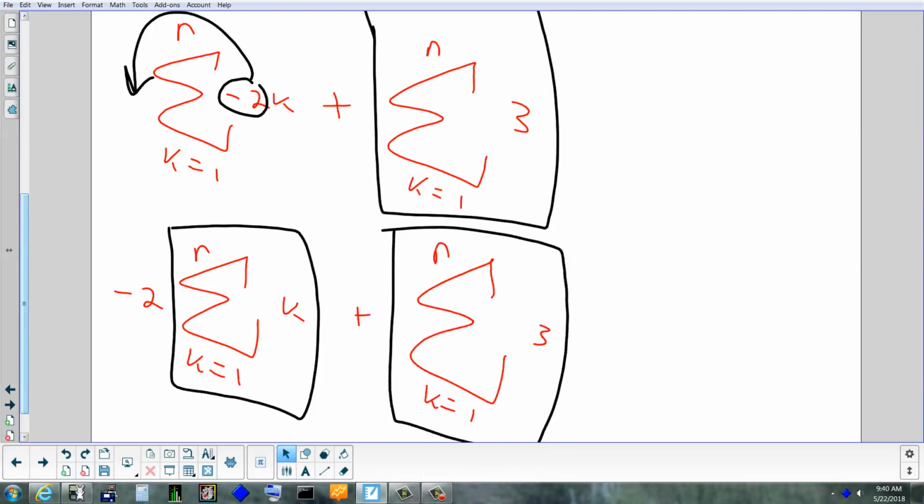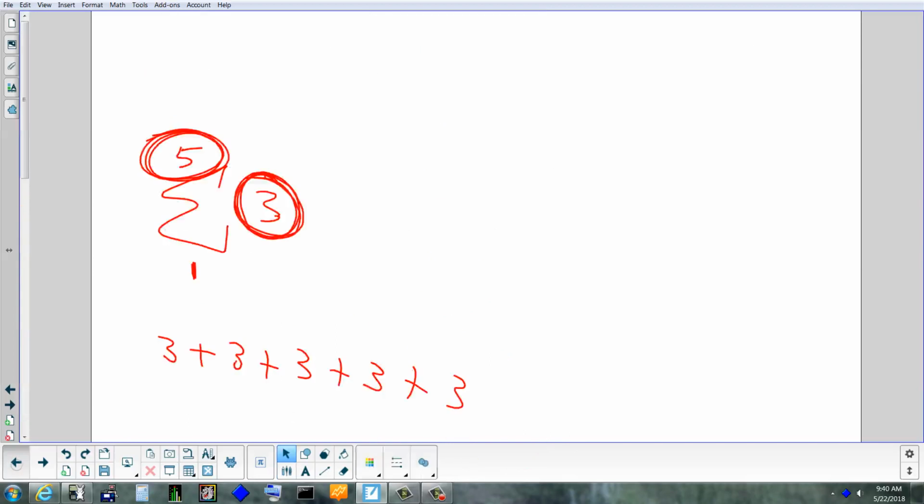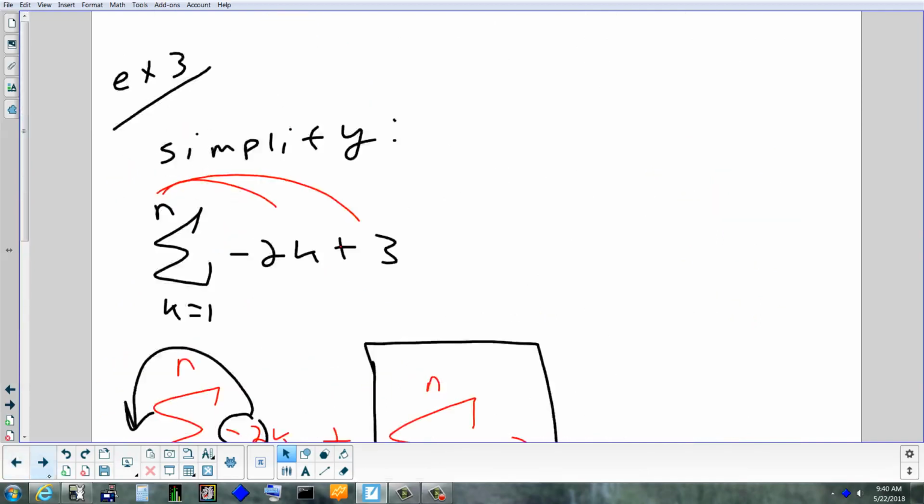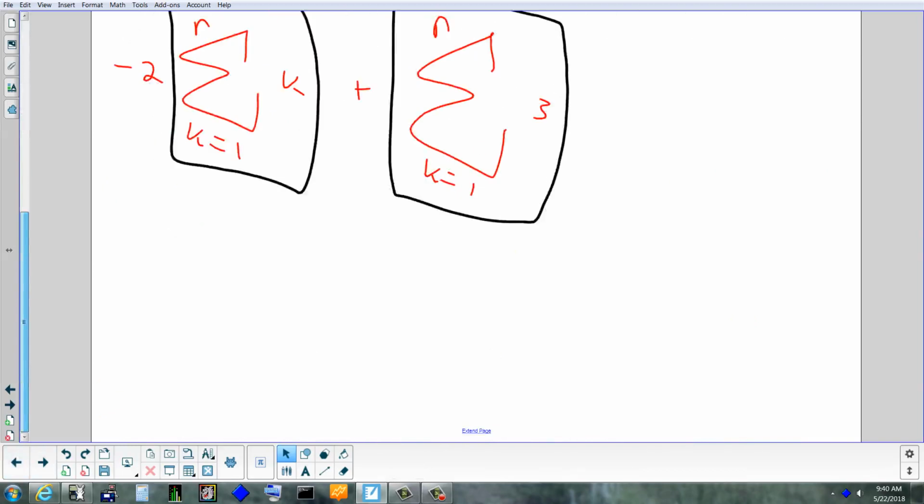So now we'll just substitute in. Let's look up the formula from 1 to n of k. It's easier if you use it FOILed out. So it's 1/2 n squared plus 1/2 n.